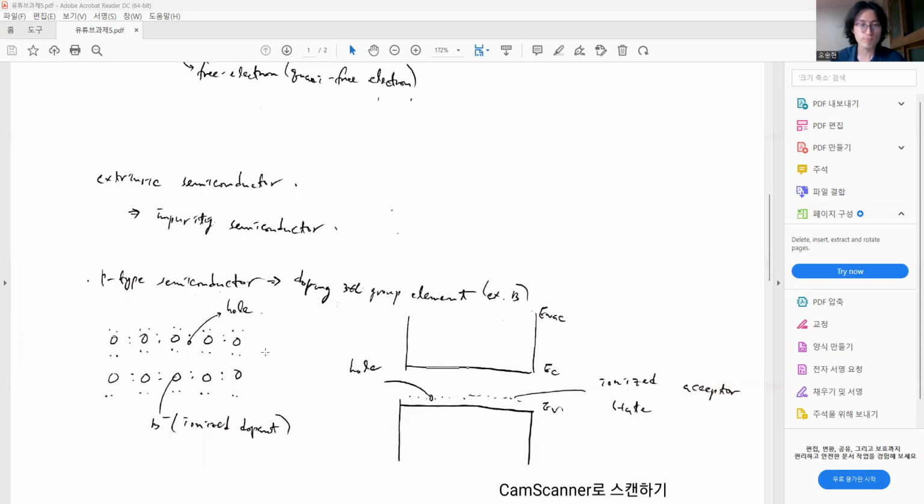So for the p-type semiconductor, this hole is the carrier of the semiconductor.